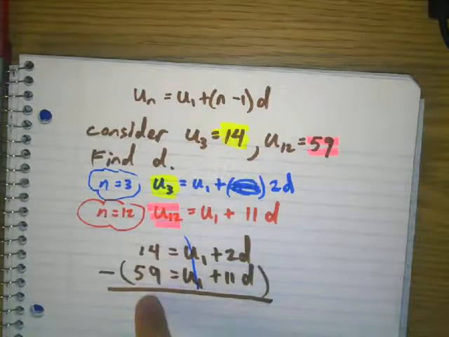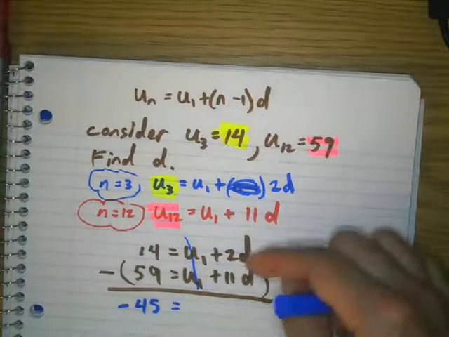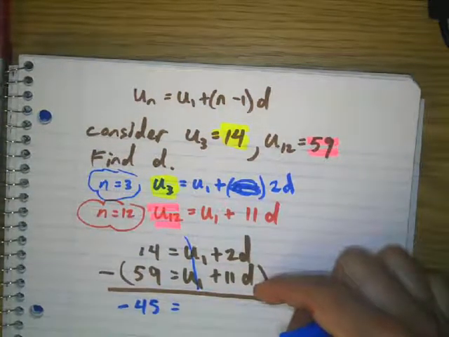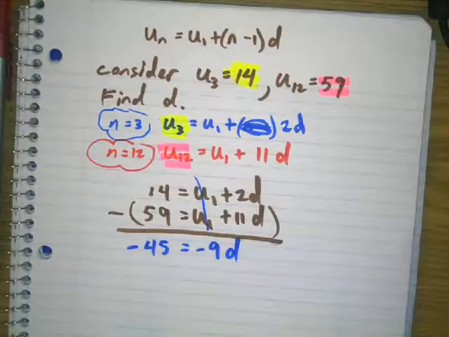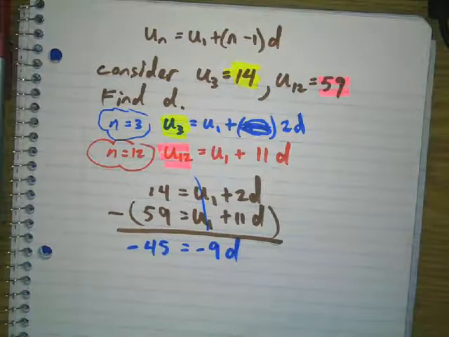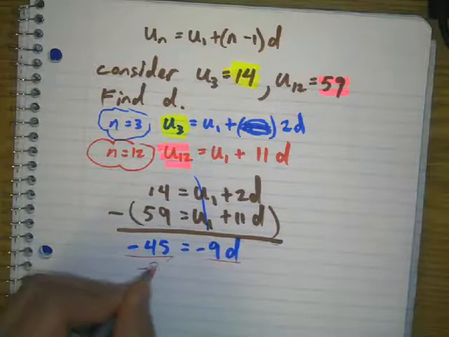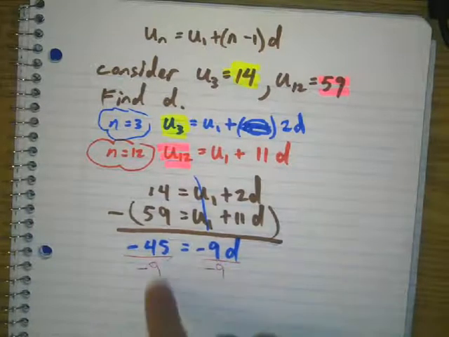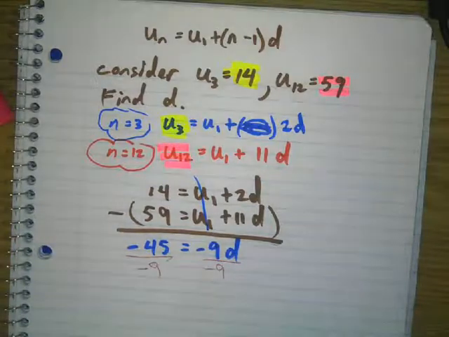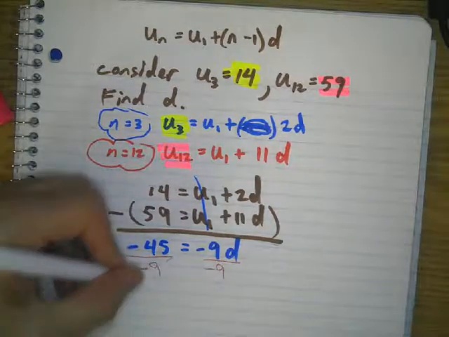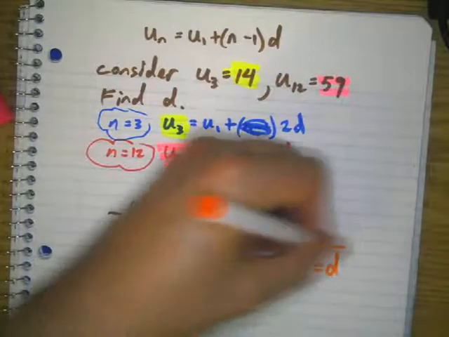What is 14 minus 59? Negative 45. What is 2d minus 11d? That's going to give me negative 9d. All right. Now, if I divide both sides by negative 9, what is negative 45 divided by negative 9? That's going to give me 5, right? So d is equal to 5.